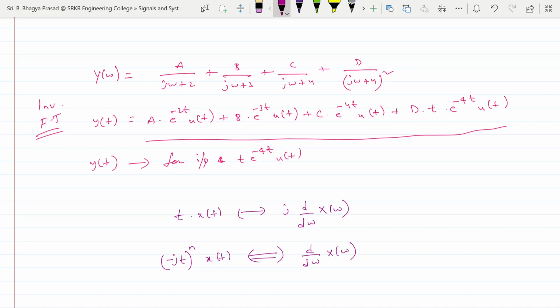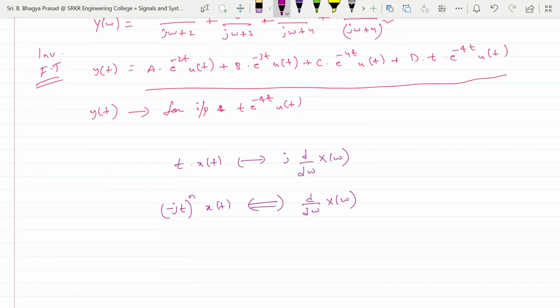Okay, you can move this j power n to the right hand side. If there is a t power n on the left hand side, that will be the expression. So you can use these properties while solving some problems, right?